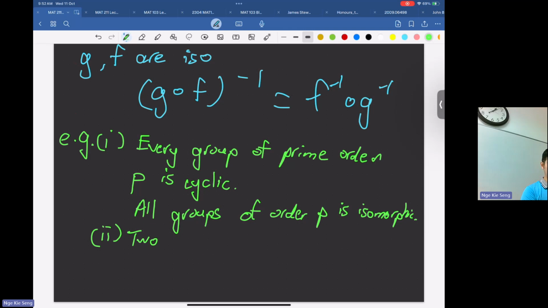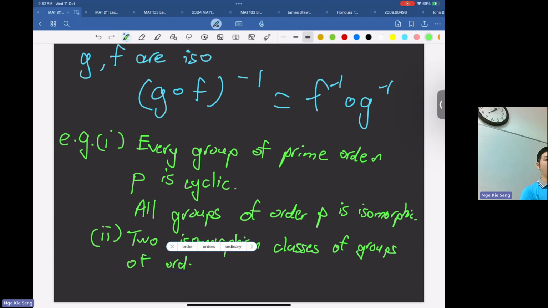And then there are two isomorphism classes of groups of order 4. In your assignment, what you have shown is that there are two of them and they are not isomorphic, but the question is why only these two exist. So in this world, there are only two isomorphism classes of groups of order 4.